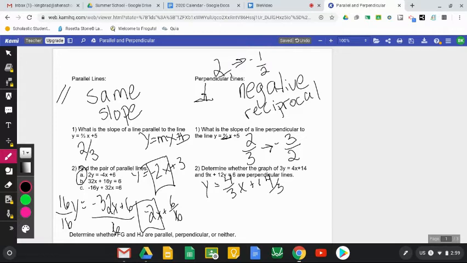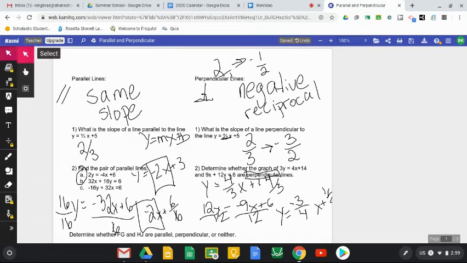So I subtract 9x from both sides to get 12y equals -9x plus 6. Divide everything by 12. You get y equals, that simplified is -3/4 x plus a half. So -3/4 and 4/3, yes, they are perpendicular.